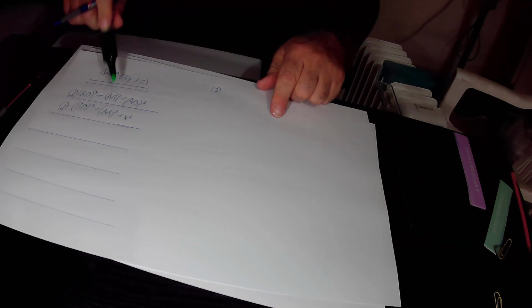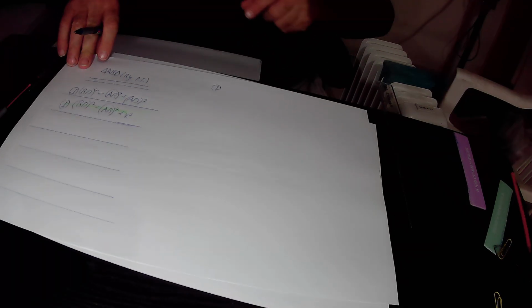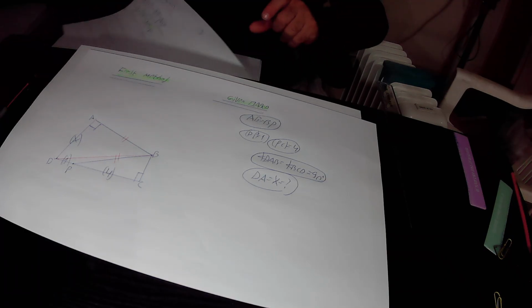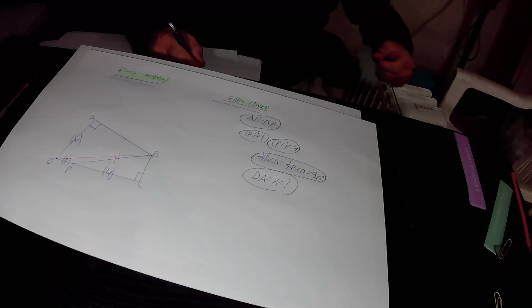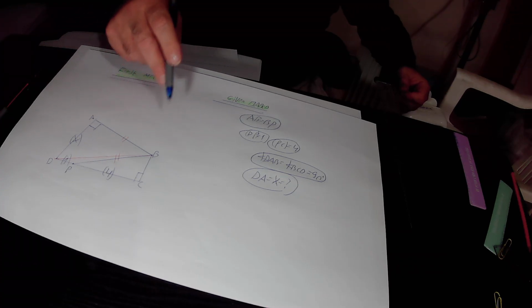Likewise, we will implement the Pythagoras theorem on this lower right triangle DBC.